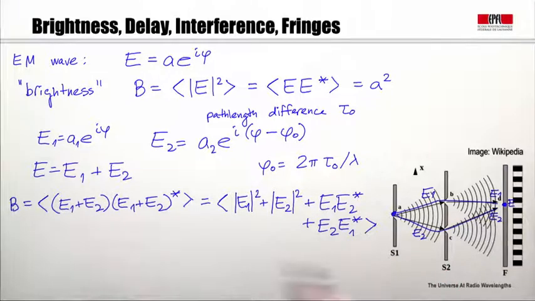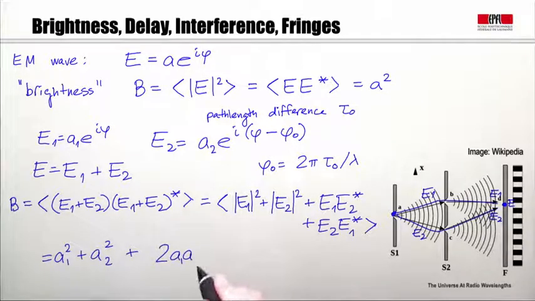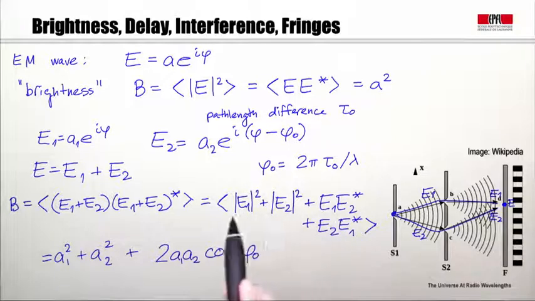And that is equal simply to one amplitude squared, other amplitude squared, and then these two terms are simply equal to 2 A1 A2 cosine of phi naught. So notice that none of these quantities actually depend on time anymore. So we can drop the averaging operator and write it like this.